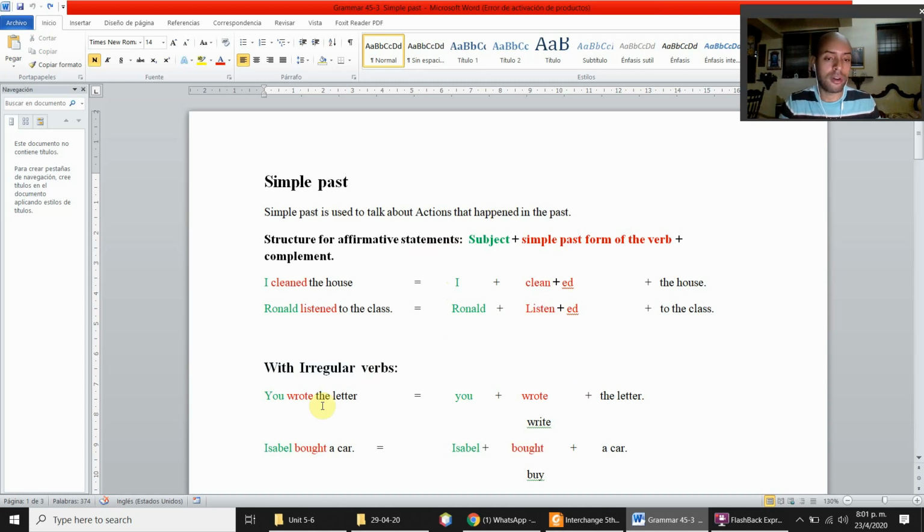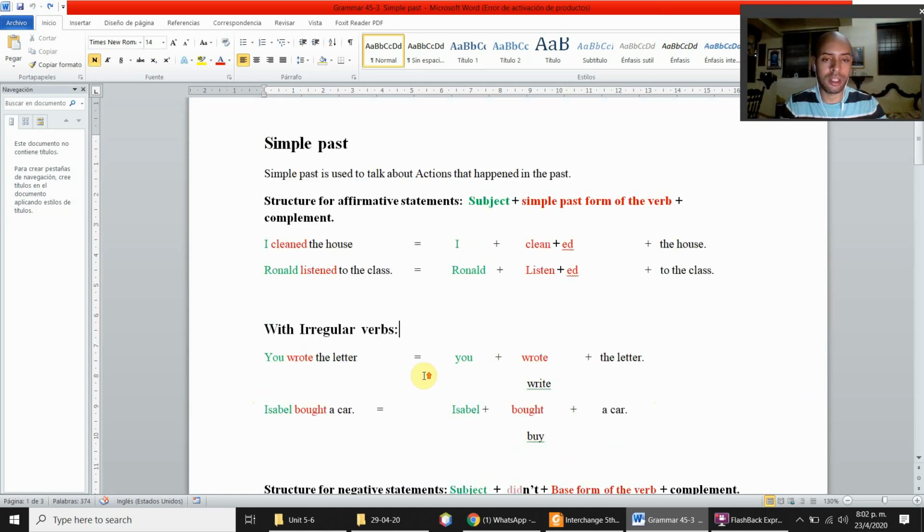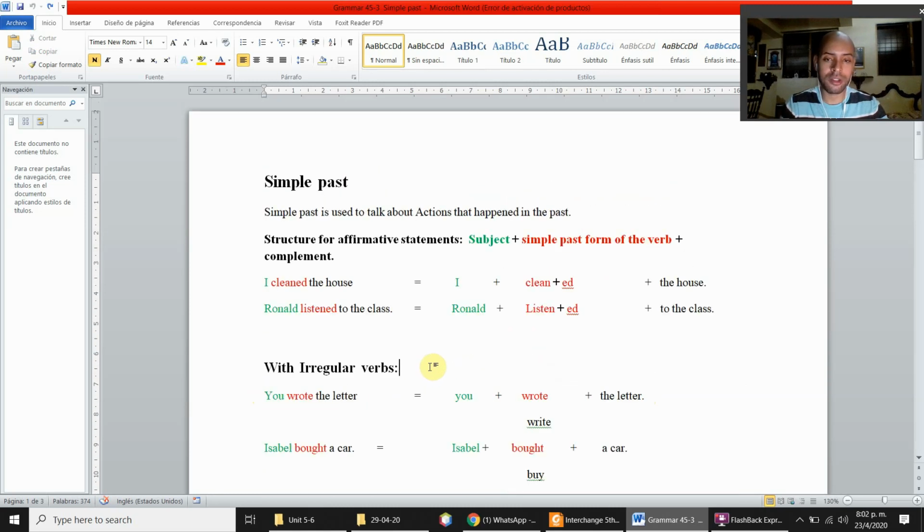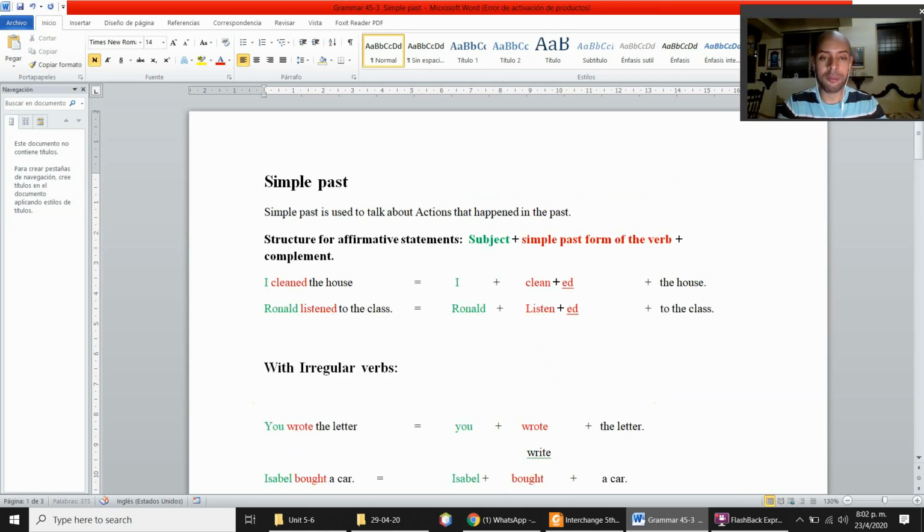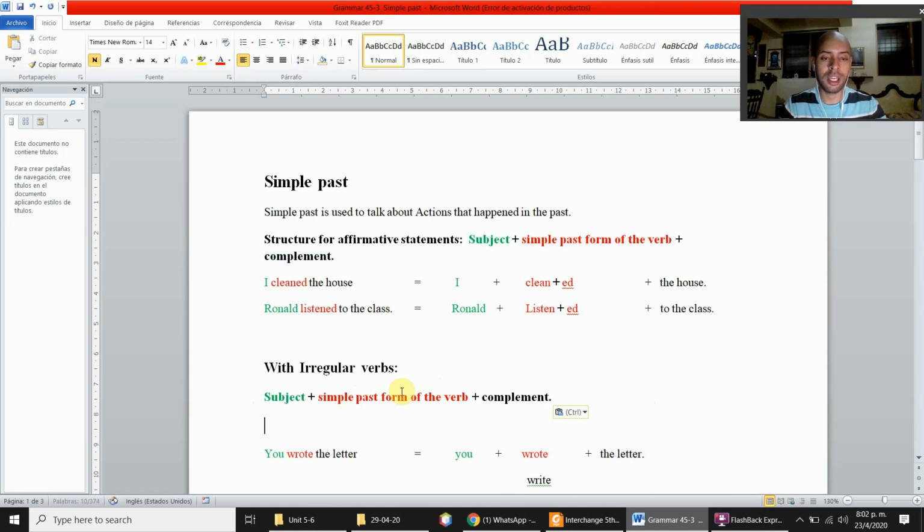For example, you wrote the letter. This is the irregular verb, write. You wrote the letter. The structure is the same, but I'm going to write it here anyway, just in case.